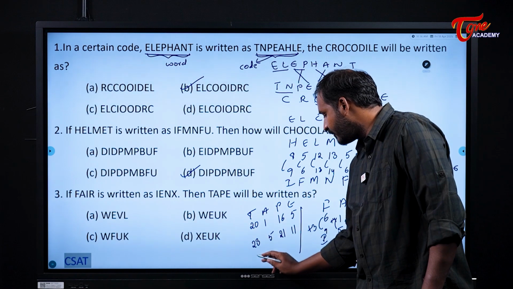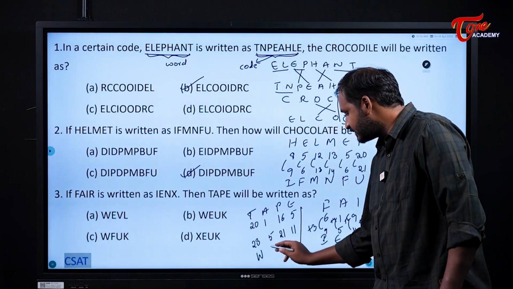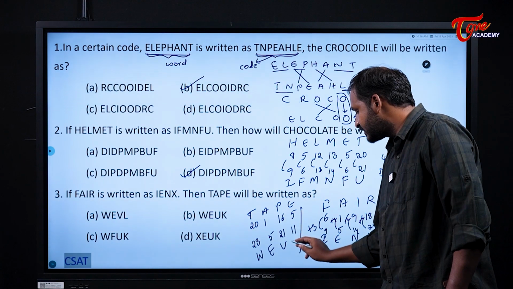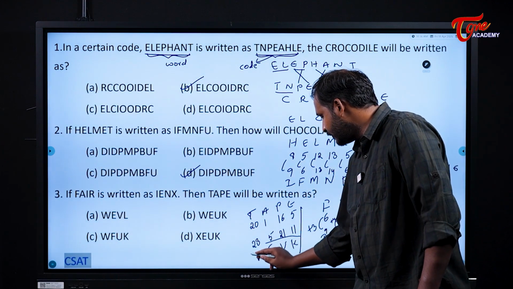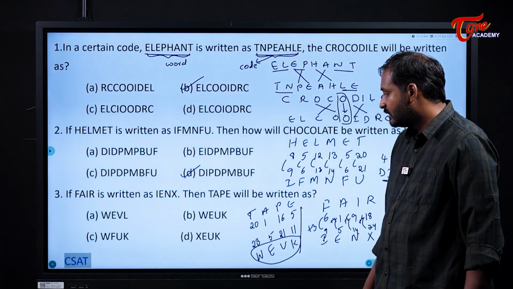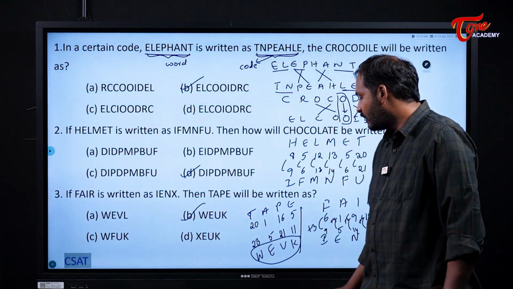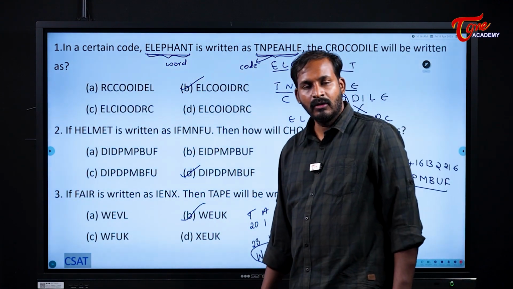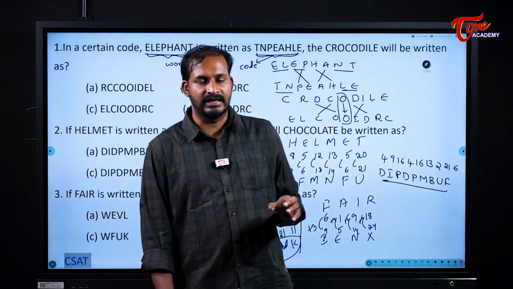So the 23rd alphabet is W, the 5th alphabet is E, the 21st alphabet is U, and the 11th alphabet is K. So our answer will be WEUK. Okay, like this we need to write the answers.